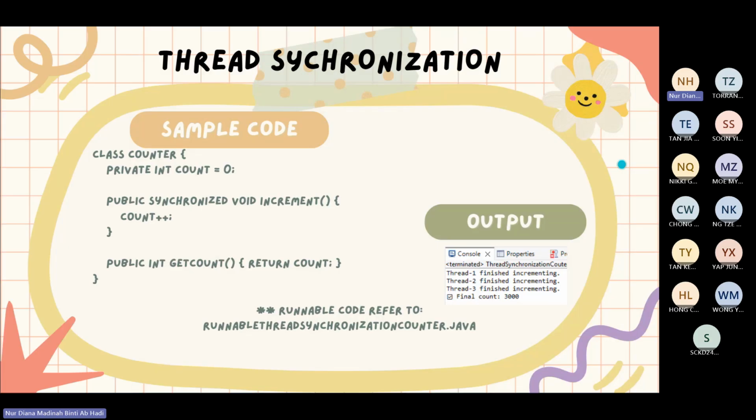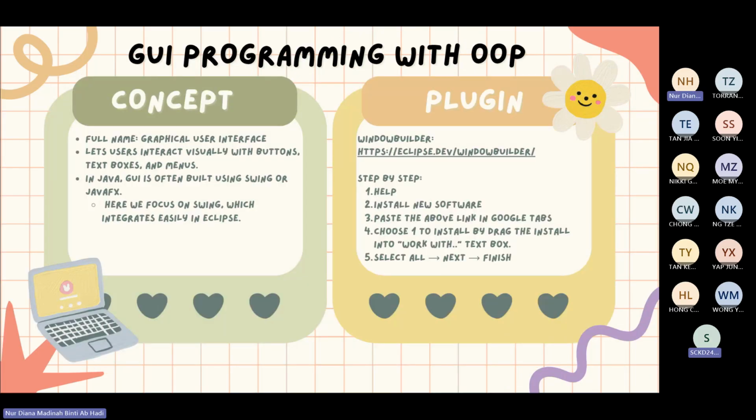So next. This is about GUI programming with OOP. Just now, all of you said you preferred the console, right? Out of the blue now you don't agree with me. Okay, so GUI stands for graphical user interface, where everything is in a visualization mode.